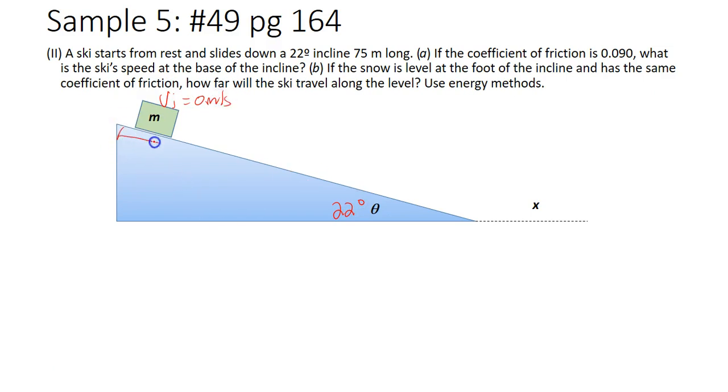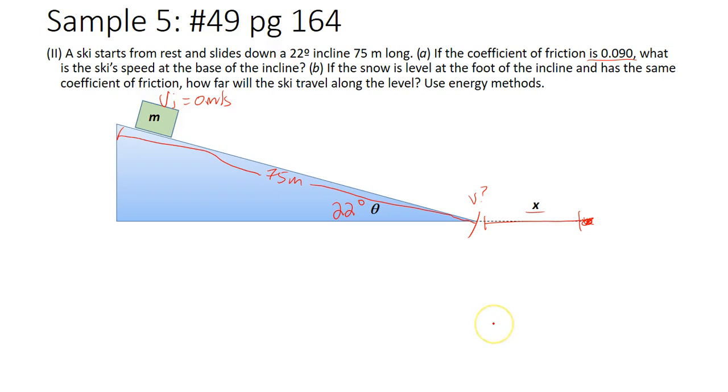And the incline is 75 meters long, which is referring to this measurement here, the ramp itself. That's an important measurement. If the coefficient of friction is 0.09, what is the skier's speed at the bottom? And then the question is, how far did it go? This delta, this x right here.